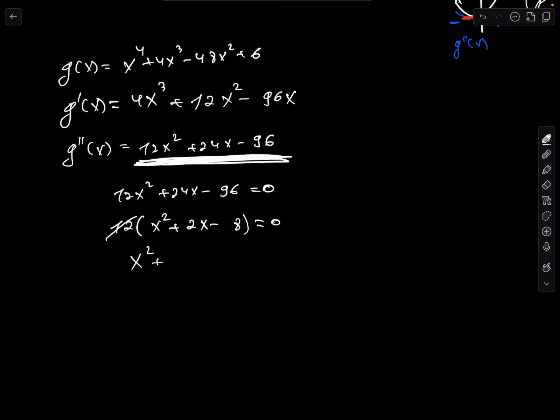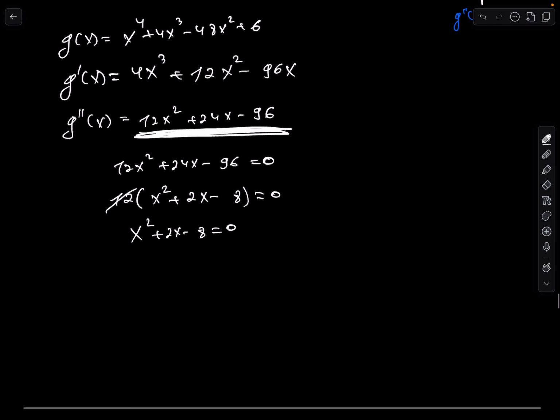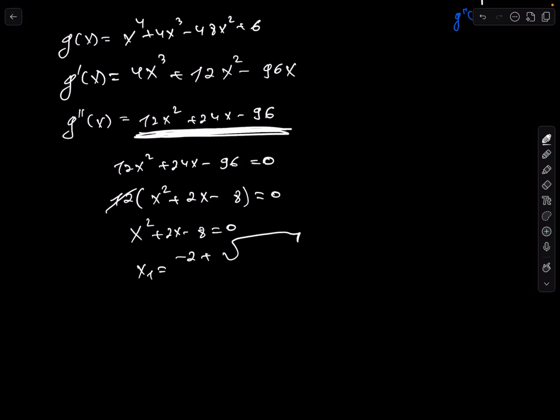And here we can use many ways of finding the solution, but I'm just going to use the basic discriminant, nothing too fancy. It's going to be negative b plus or minus the square root of b squared minus 4ac, divided by 2a. Our a is just 1 here, so it's going to be just 2.